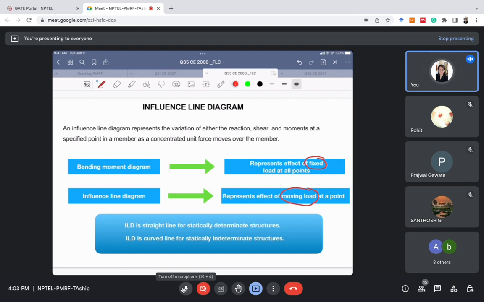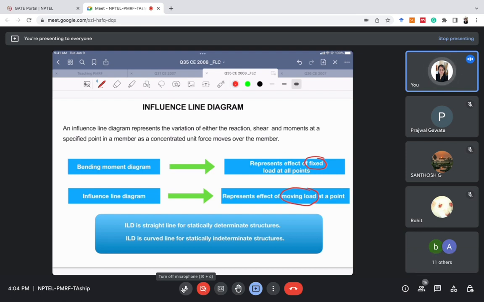But in the influence line diagram, that particular point or member is fixed, in which we have to determine the force, but we are moving the loads. I hope it is clear.